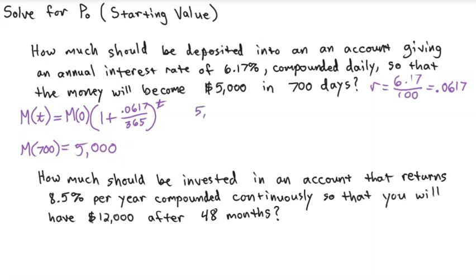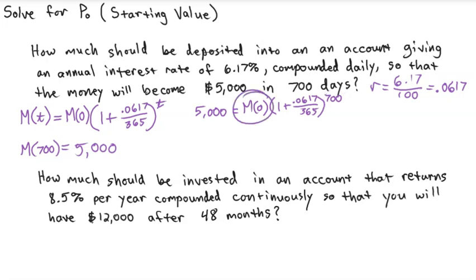So we're going to have 5,000 is equal to m of 0, that's the starting value, times 1 plus 0.0617 divided by 365 to the power of 700, because time is 700, okay? And this is m of 700 that we're plugging in here, so we have to put 700 here.